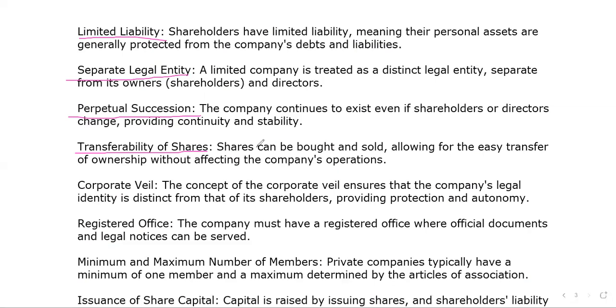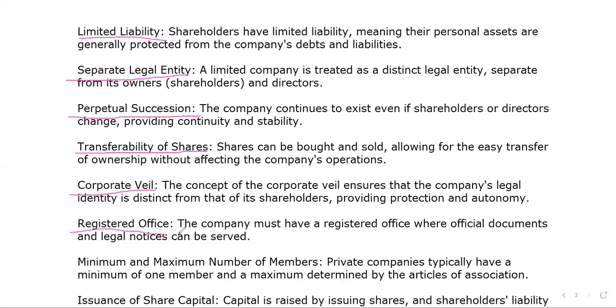And so under law, it is permissible for directors who were expected to behave in a fiduciary manner to be sued, which means that you can now remove the protection that the company has in its own being and sue the directors in their personal capacity. So this is what we call a corporate veil. Corporate veil ensures that the company's legal identity is protected.